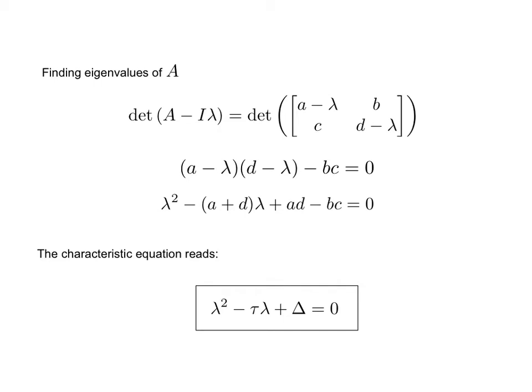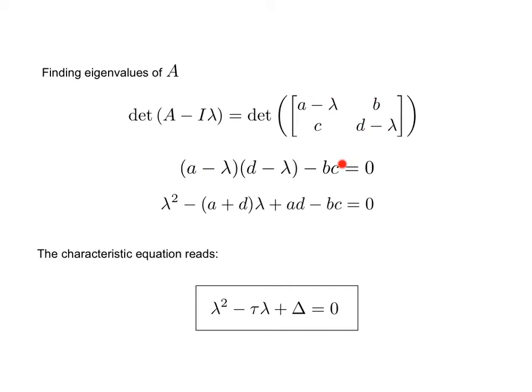If you remember from your linear algebra class, you can just reorganize the equation and find the determinant of A minus the identity matrix multiplied by lambda. This is how it looks, and then you just apply the determinant operation: this times this minus bc.